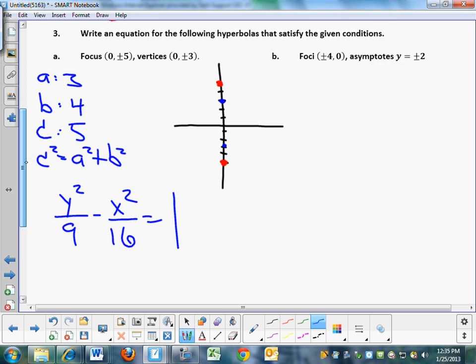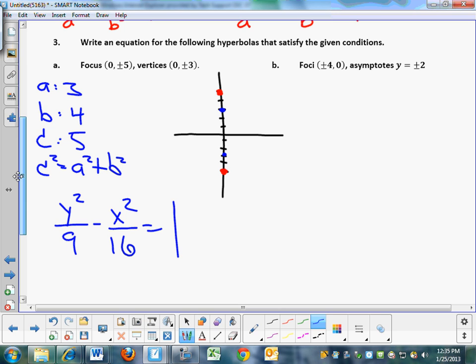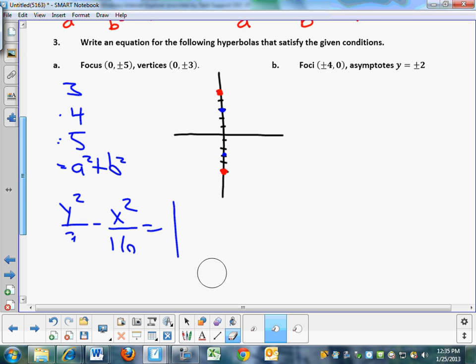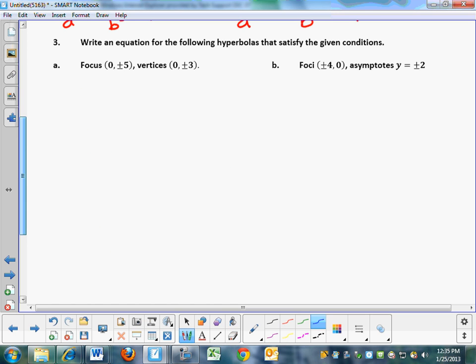Okay, let's try the next one. Next one is significantly more difficult. This should be y equals plus or minus 2x. I don't know how I missed that, but I did.